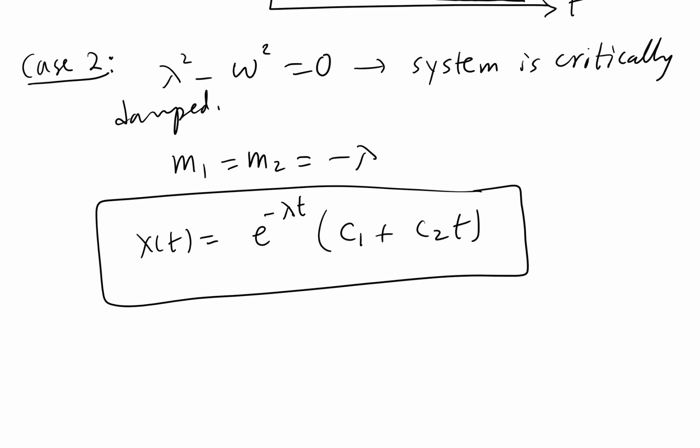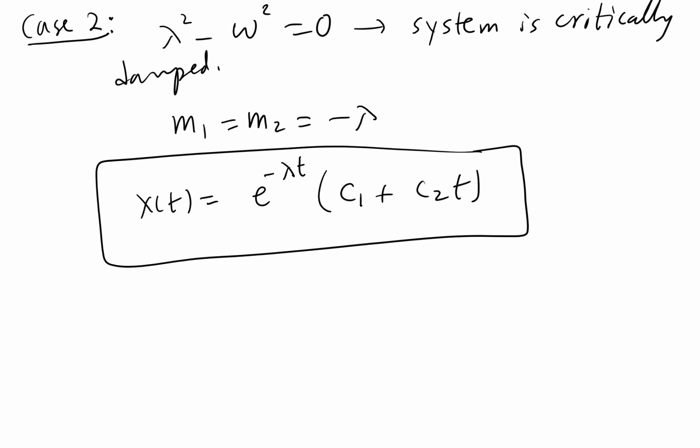Now graphically, on the right side, it's going to go down and then barely oscillate and go down again this way. So it looks like it almost wants to start oscillating. So that's called critically damped.